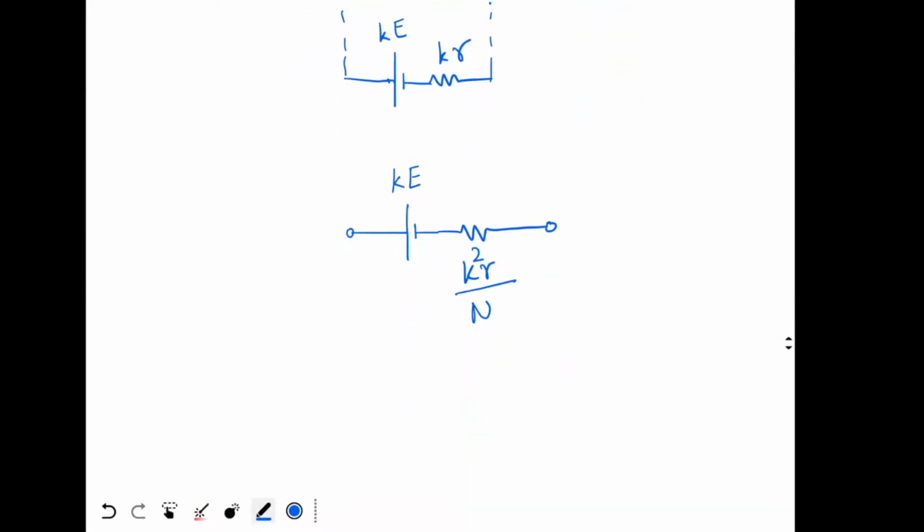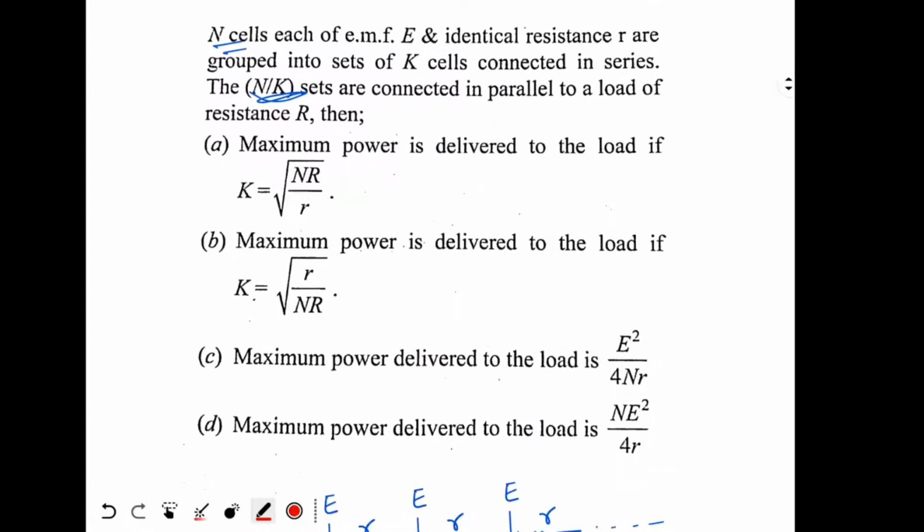So this is my net equivalent circuit. This is my equivalent battery. Now I am connecting this battery to an external load, let's call it capital R. So what is the question saying?